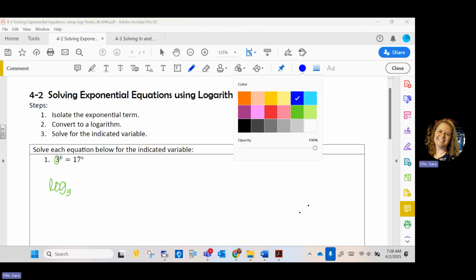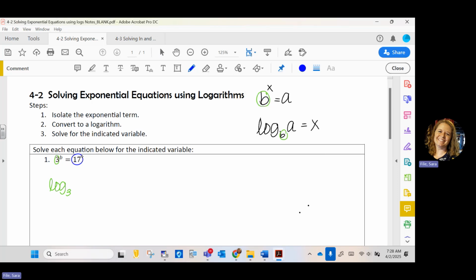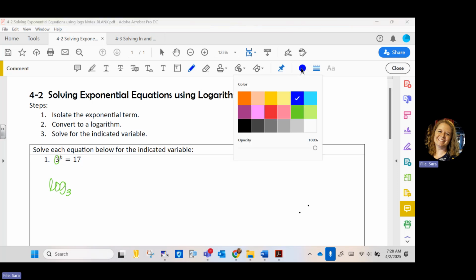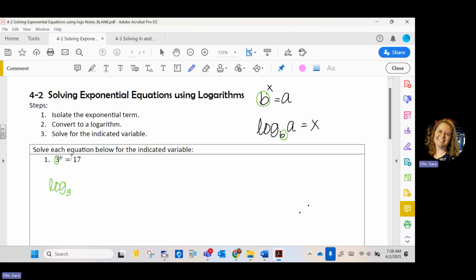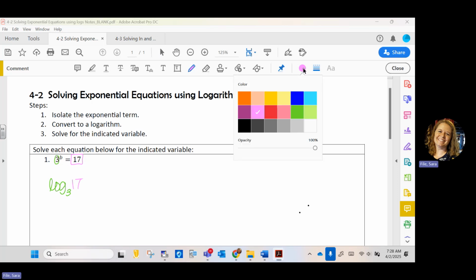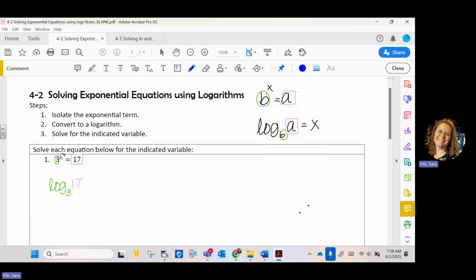What the exponential was set equal to is the argument of the log, and then the exponent is what that log equals.